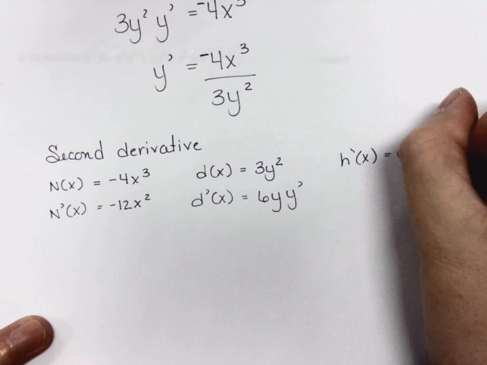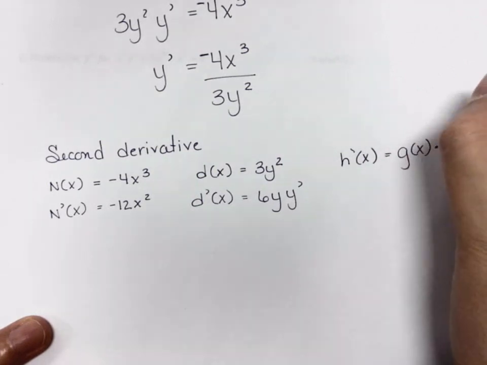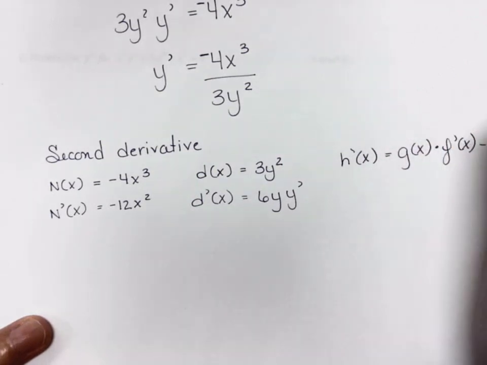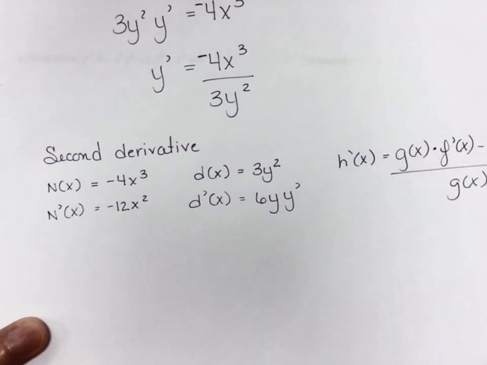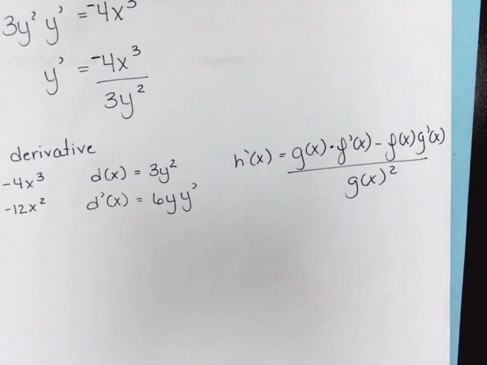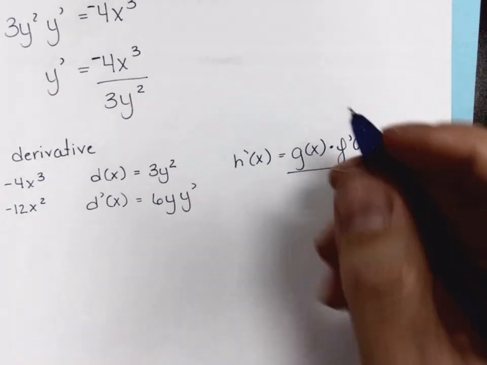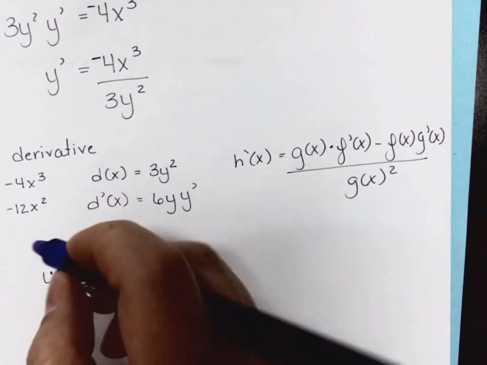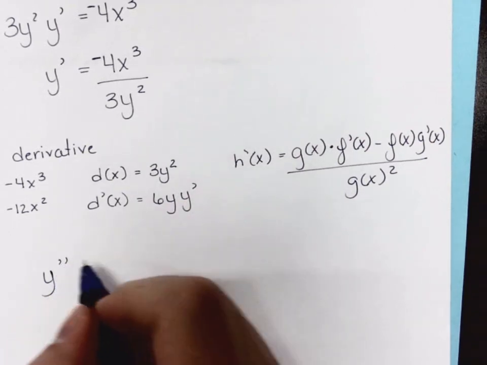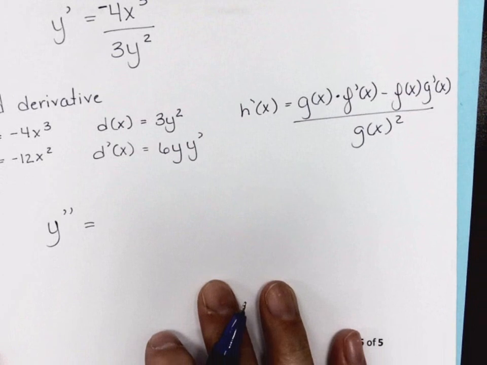Now we chuck it into the quotient rule. So this one's going to be y prime prime, because we're doing the second derivative.